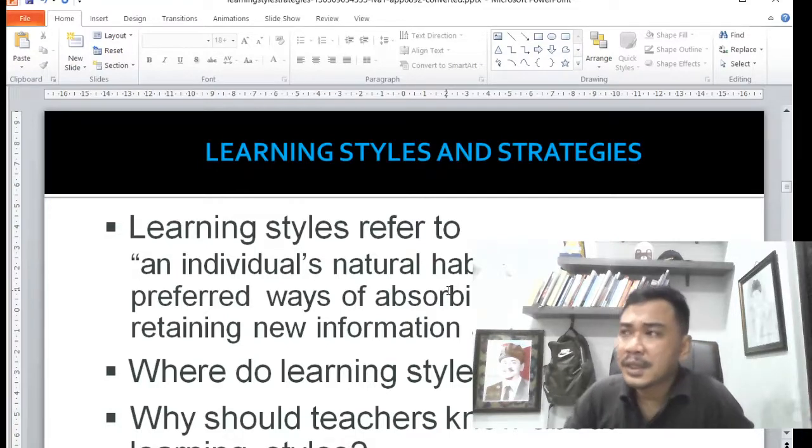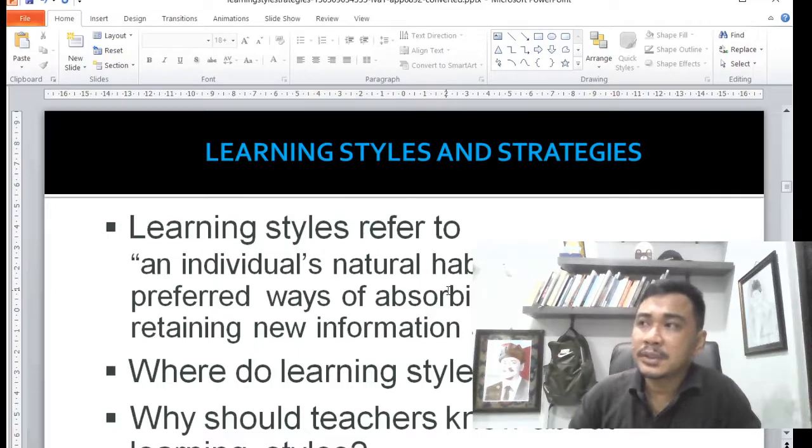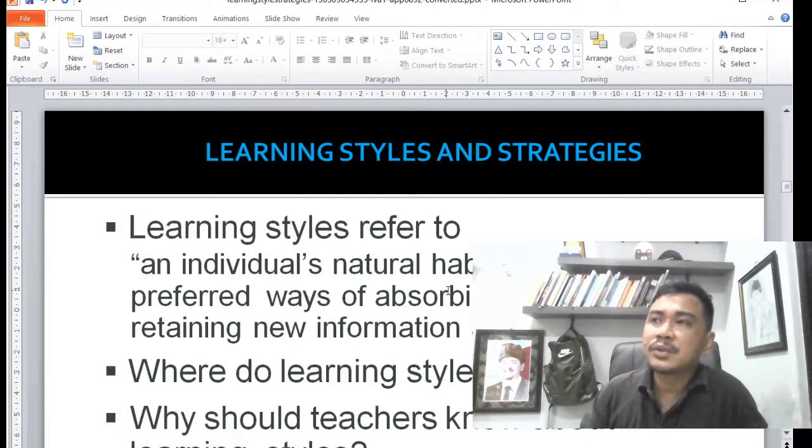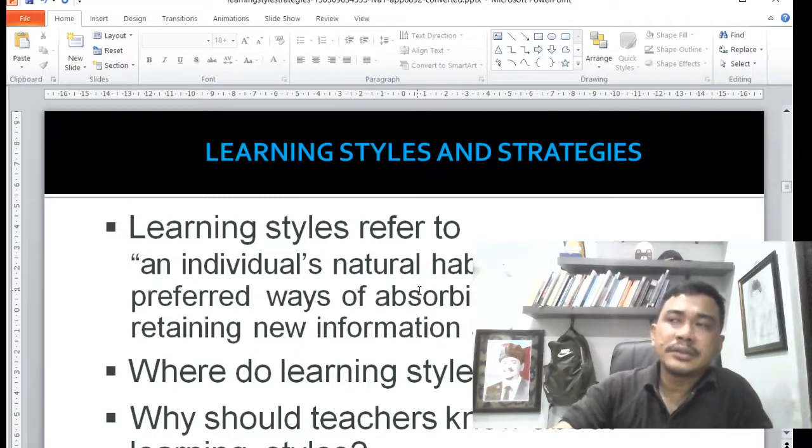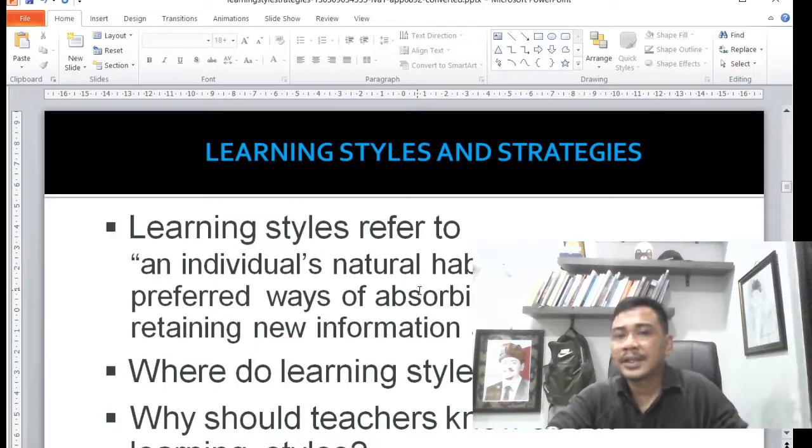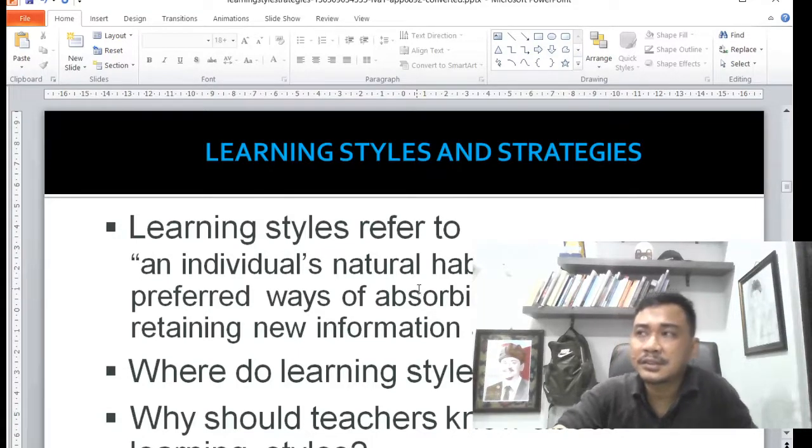For example, we have talked about the visual person, or auditory person, or practical person. Because you know the type of your students, the activities in your class will be modified based on those categories of learners. That is one thing when we discuss learning styles and strategies.